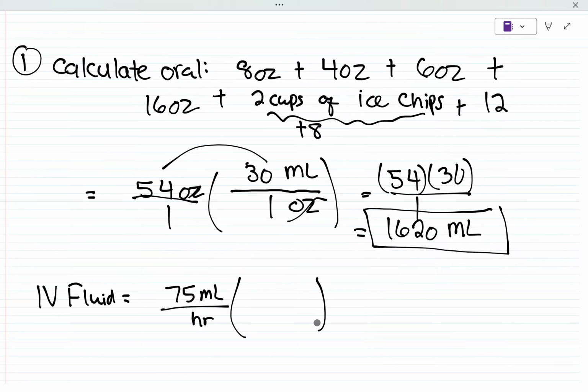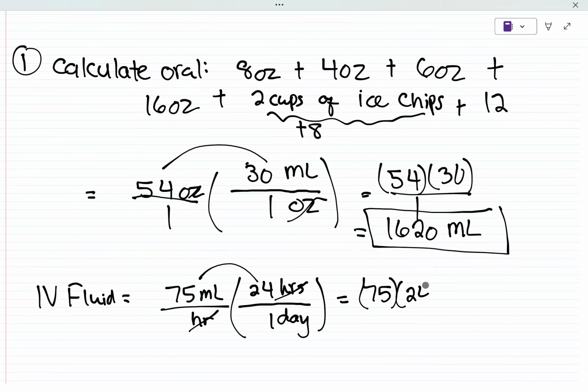Well, we know that in 24 hours, or in 1 day, there's 24 hours. As you can see, the hours disappear. So you're left with 75 times 24 over 1, which is 1800 milliliters.